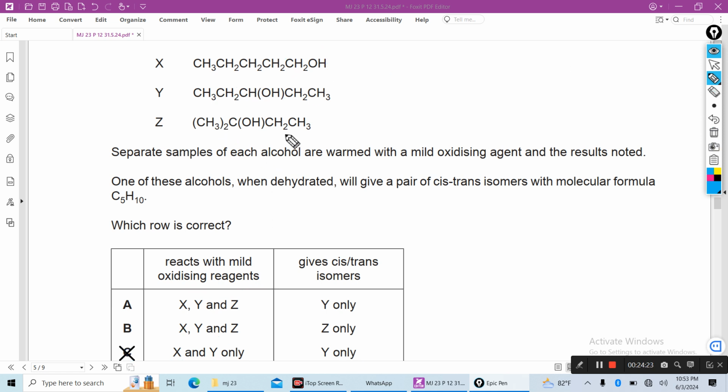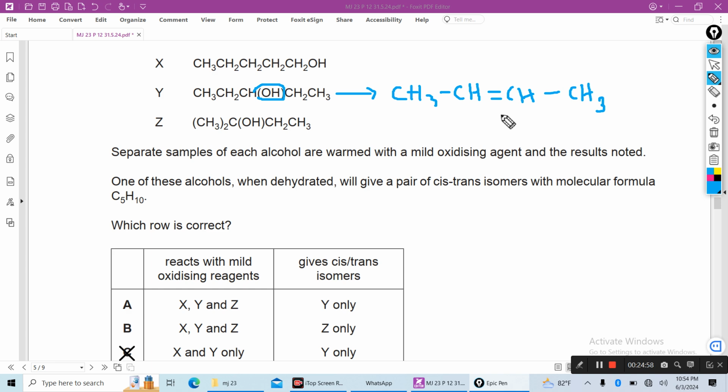Why? Because when Y is dehydrated, this OH group is lost and butene will be formed. 2-butene will be formed, which can form 2 cis trans geometric isomers.